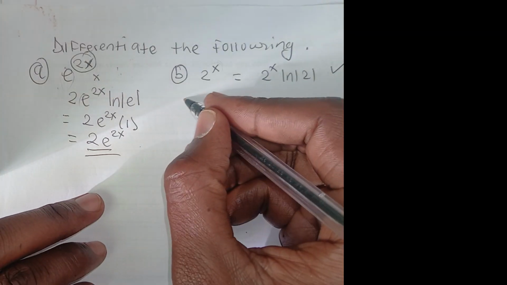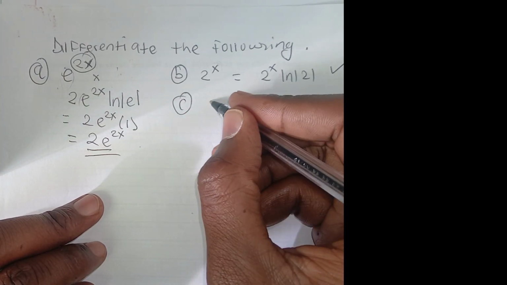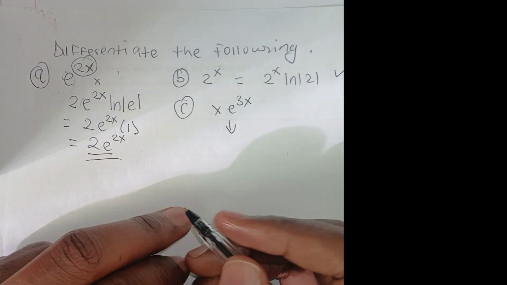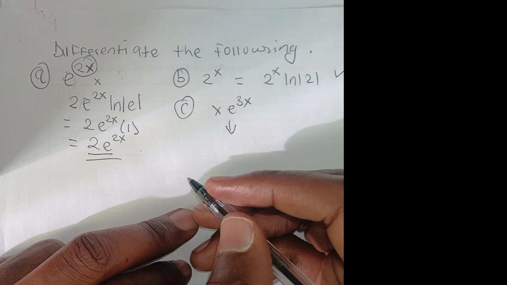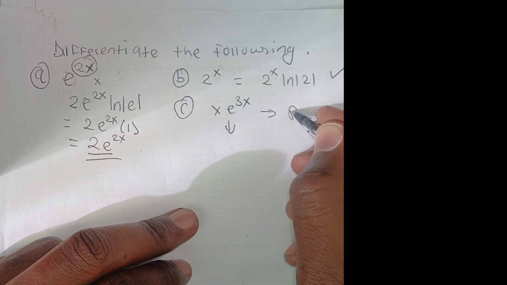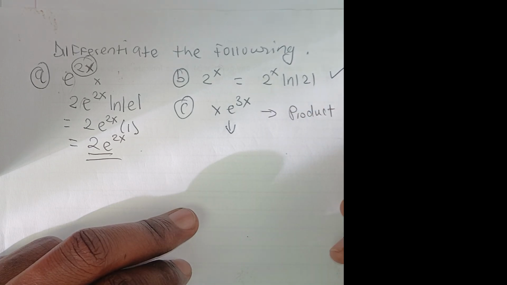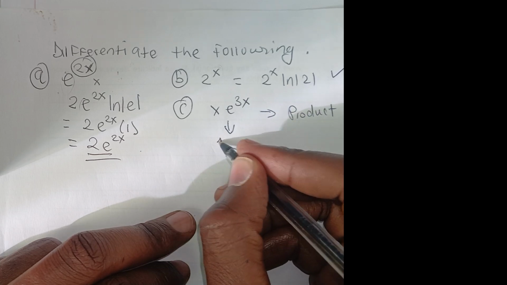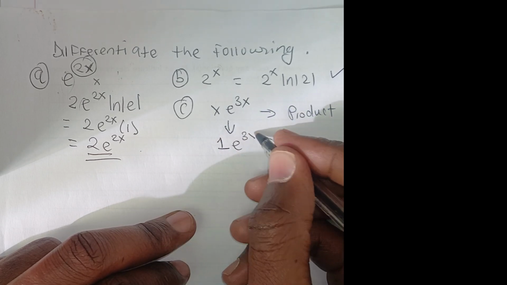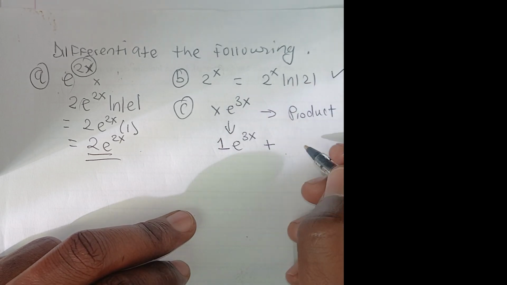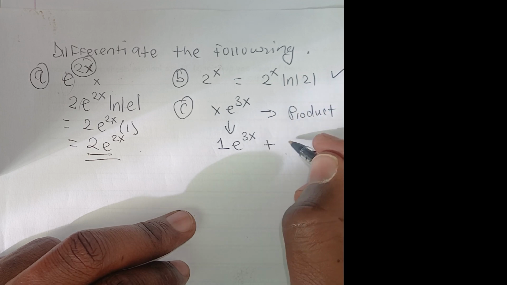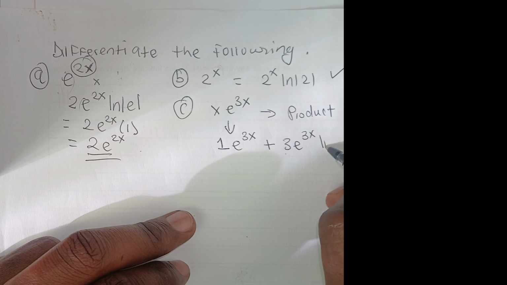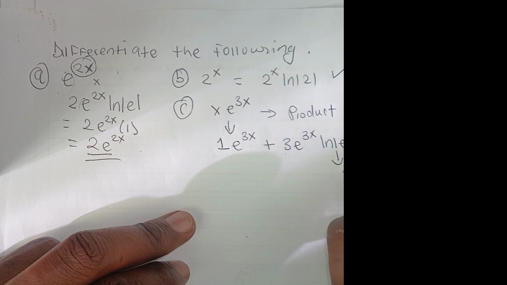Then letter C, let us have a little bit of a challenge. When we have this, first things first, we have to derive x using the product rule. So it's going to give us the derivative of x, which is 1, multiplied by e^(3x), plus x times the derivative of e to the power 3x, which is 3e^(3x), the ln of e, which is 1.